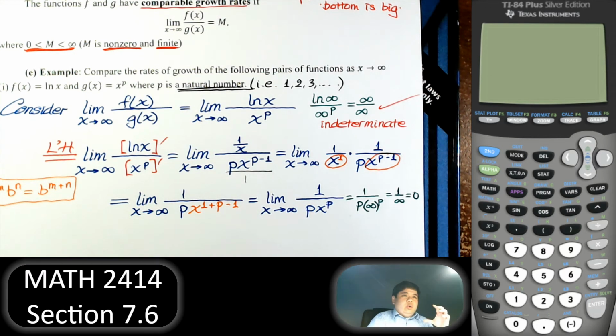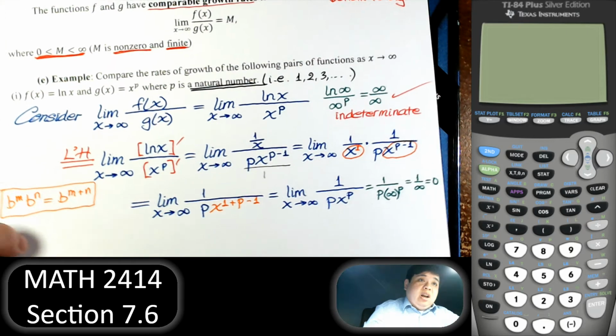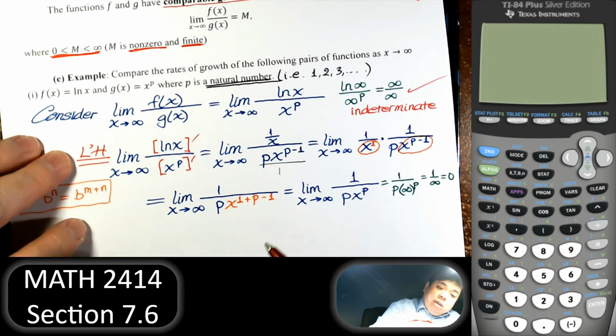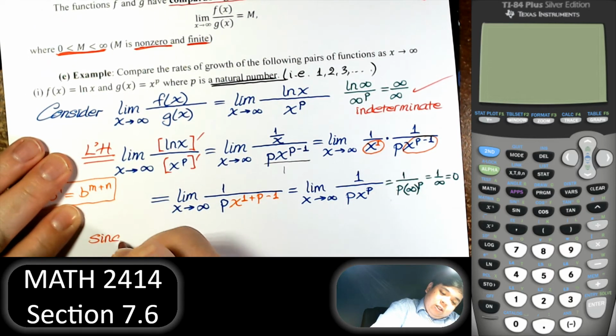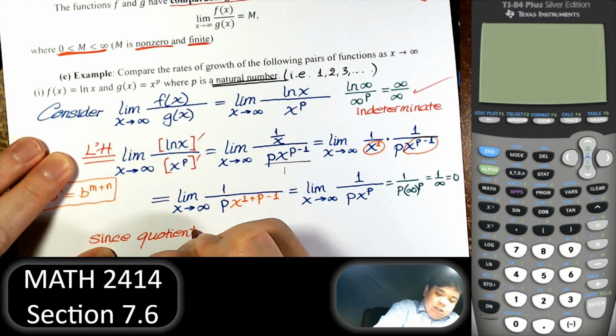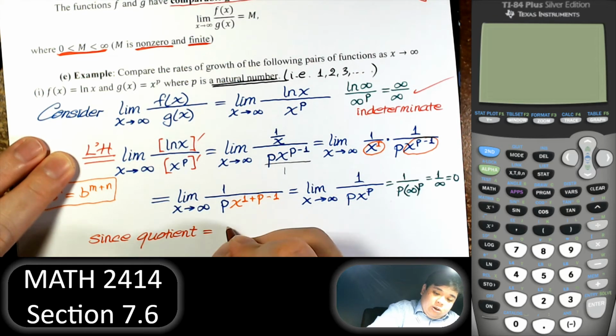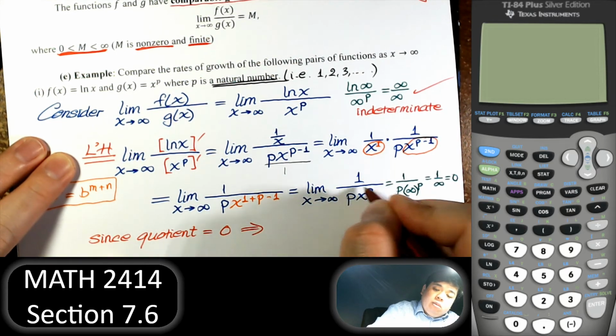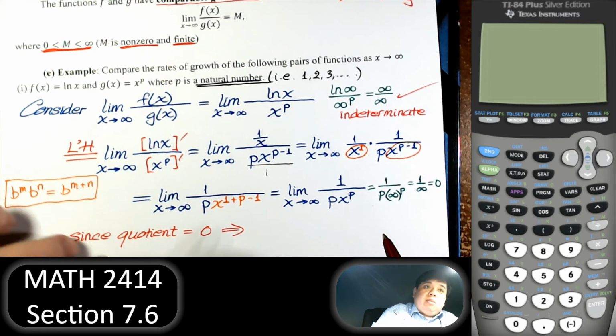Now, if the limit of a quotient equals 0, which one has to be bigger? We have the top divided by the bottom. The whole thing goes to 0, so the bottom has to be very big compared to the top. In that case, the bottom function goes to infinity a lot faster than the top. So let me write this. Since the quotient equals 0, the bottom has to be a lot bigger than the top.